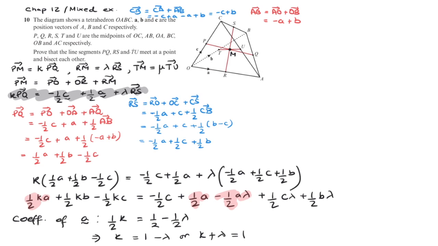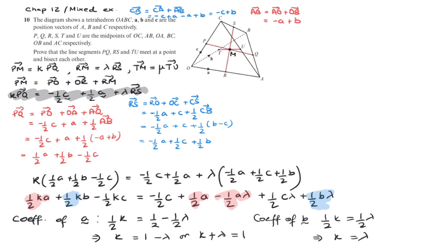So if I now pick out, let's say, my coefficients of B, I've got half of K, B over here, and I've got a half of B lambda here. So comparing coefficients of B, I would end up getting half of K equals half of lambda, which means that K is equal to lambda.